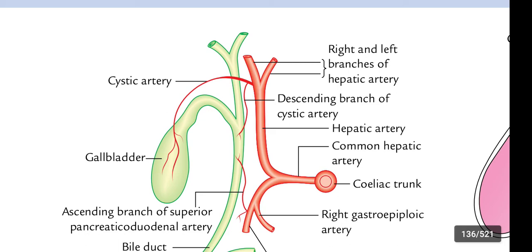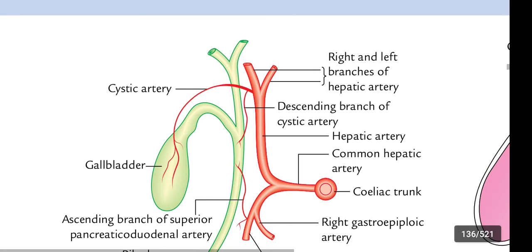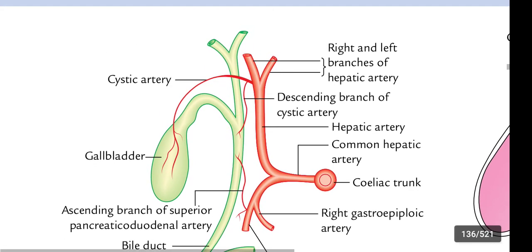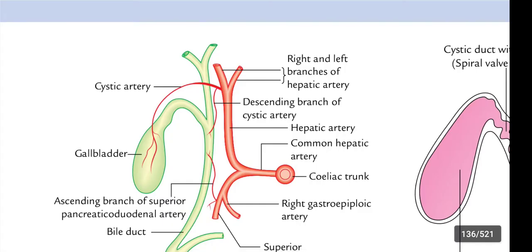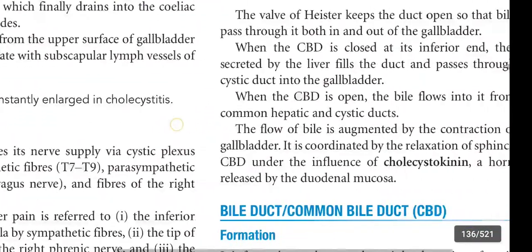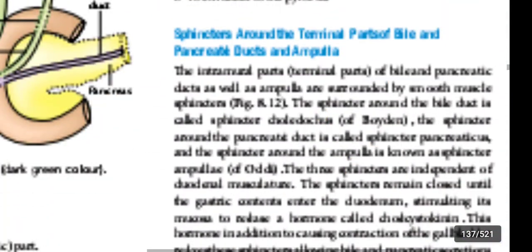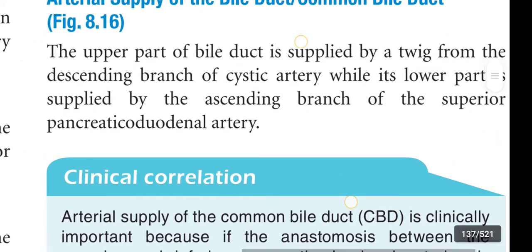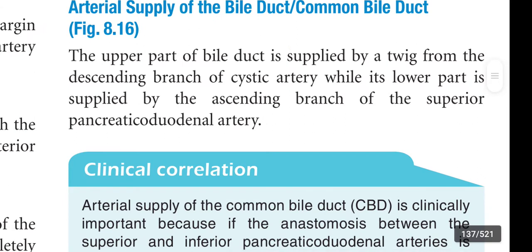Descending means it comes down, and this descending branch of the cystic artery supplies the upper part of the bile duct. While the lower part is supplied by the ascending branch, ascending means it comes upwards, of the superior pancreatico-duodenal artery.